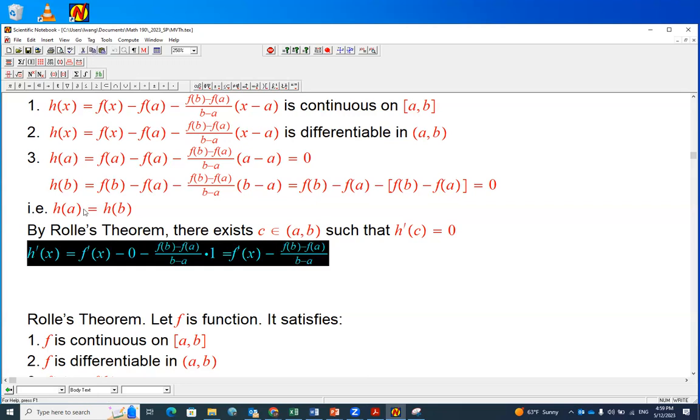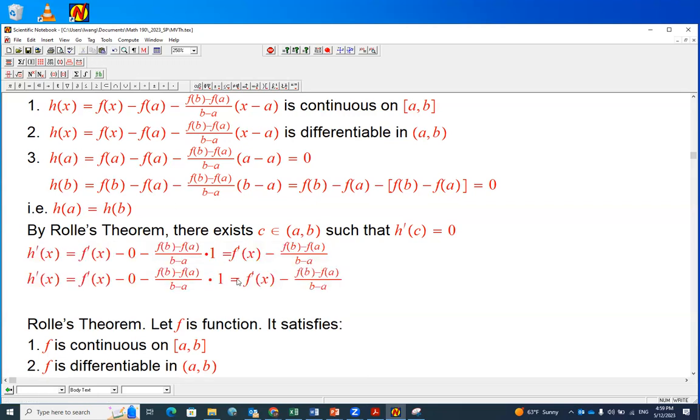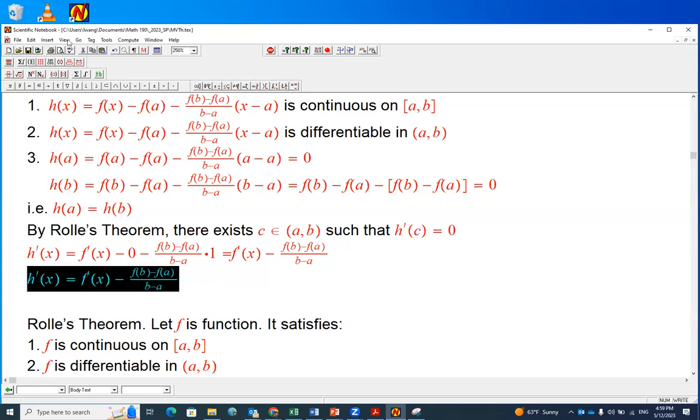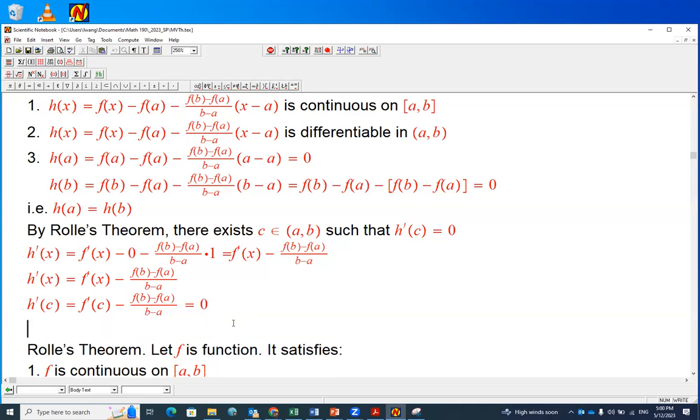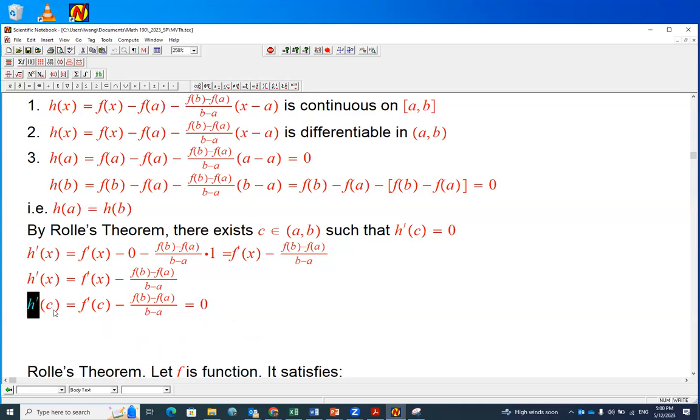So let me rewrite it. The derivative of h equals the derivative of f minus this constant. And when c is substituted, because the derivative of h at c is 0, when we put c in the equation, the derivative of the function at c is 0, right? So the derivative of h at c is 0, but the derivative of h at c is also this piece, so this is true.